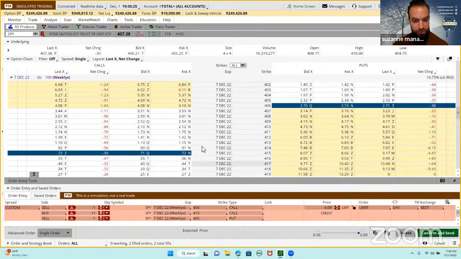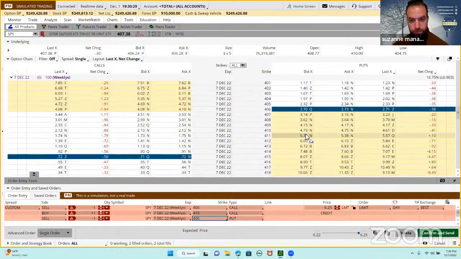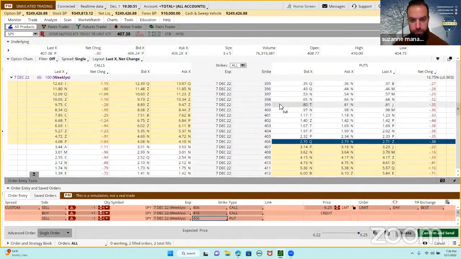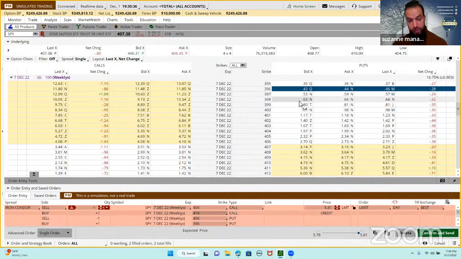I'm buying these to try to make sure that I don't take a massive loss. So we want them to be a little bit out of the money so that we don't overpay for them.